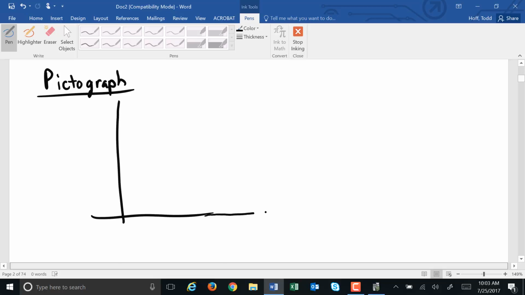Like if I wanted to do a pictograph on how you get to work in the morning. How many people drive themselves? And over here in my key, my legend, I might have a car equals 5 people.